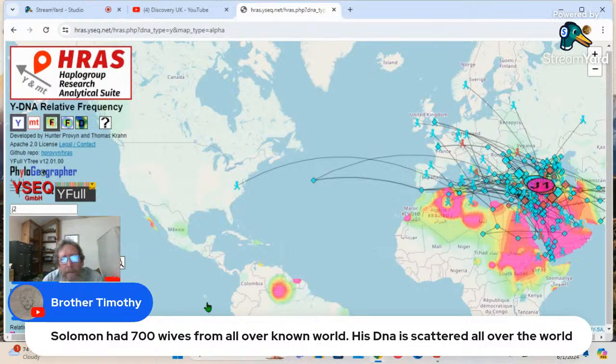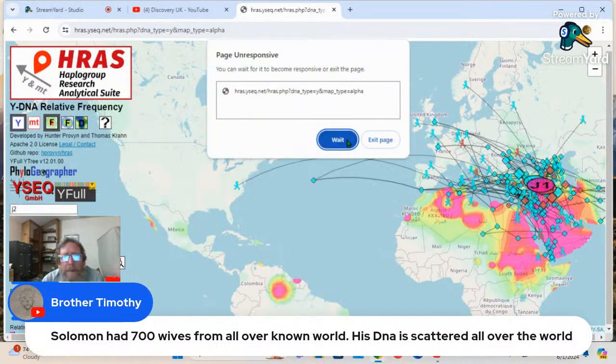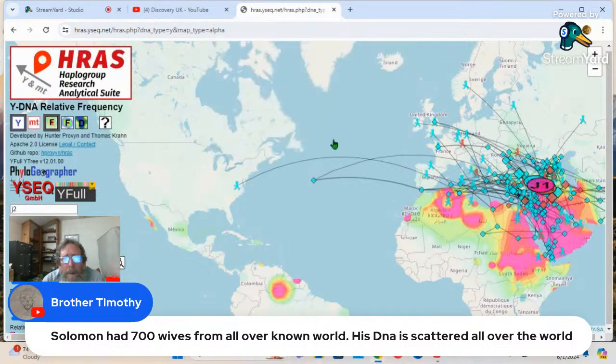And of course, there was the R1B, goes back about the same age, if I'm not mistaken. Or maybe there was some that went older. I don't know.